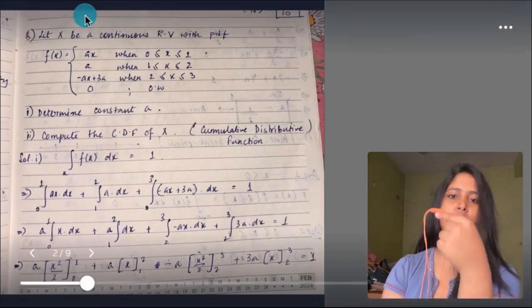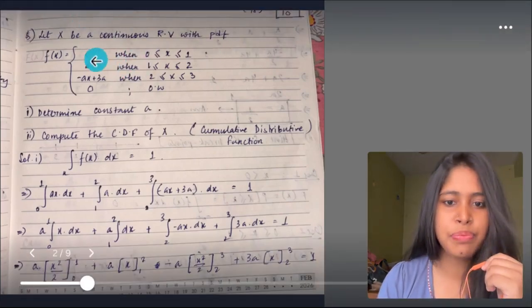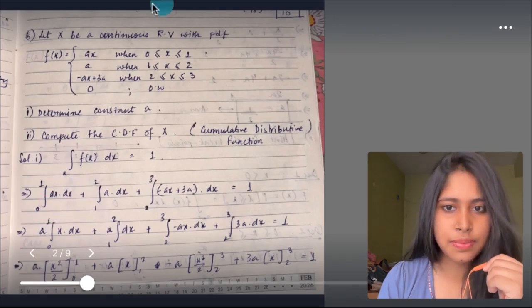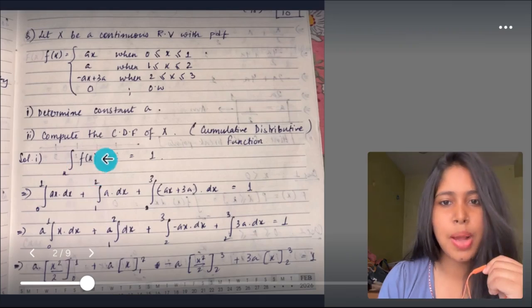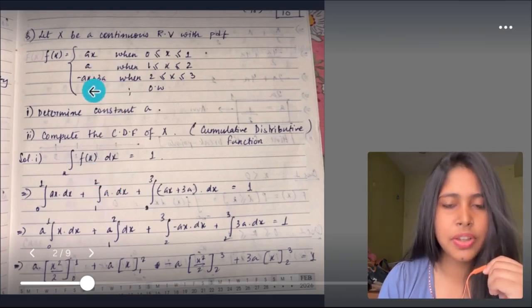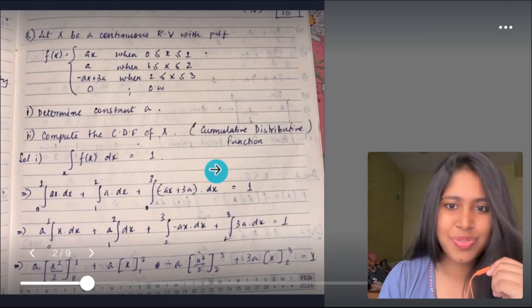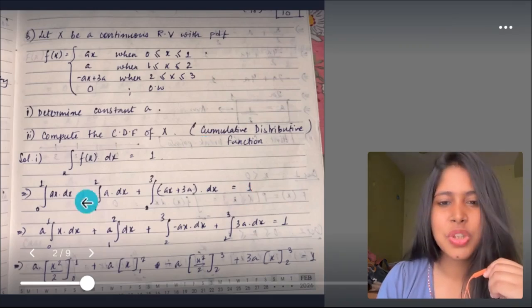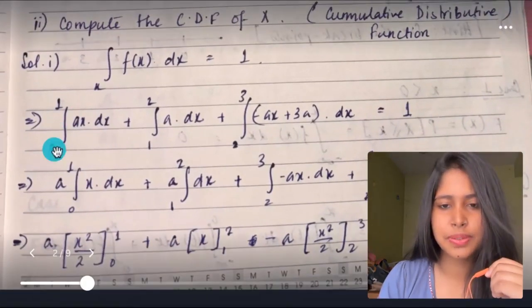So basically you integrate the first part with the limit 0 to 1: integration of ax dx from 0 to 1, plus integration of a from 1 to 2, plus integration of minus ax plus 3a dx from 2 to 3, equals 1. Just carefully see this part here.